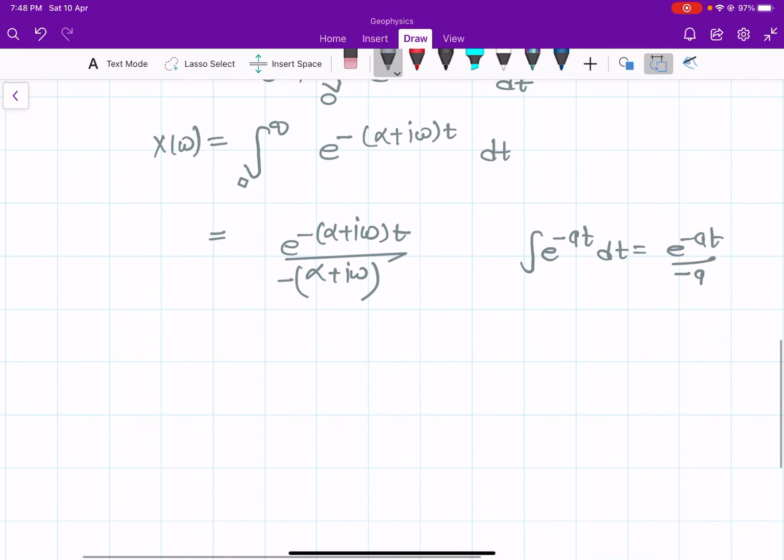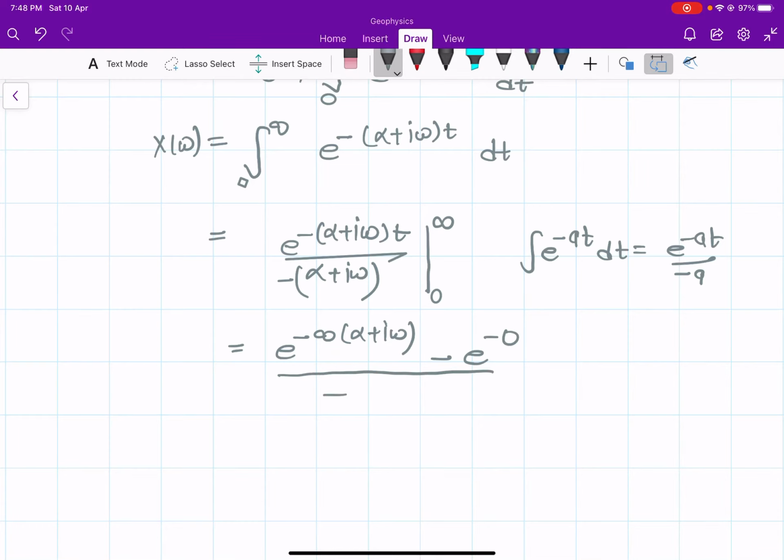So now if we put the limits of integration 0 to infinity, we will get e^(-∞(α + iω)) minus e^(-0), divided by minus of (α + iω).